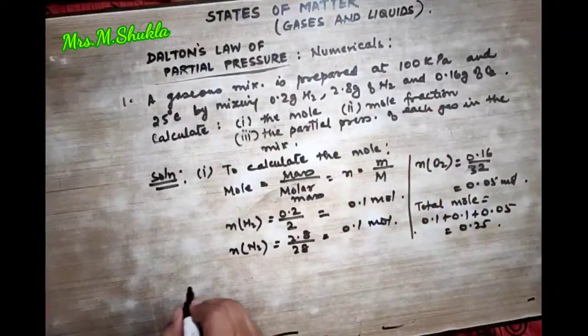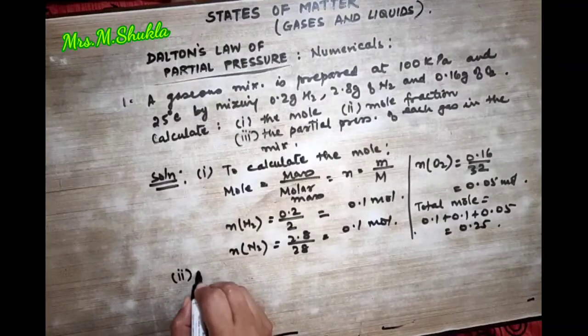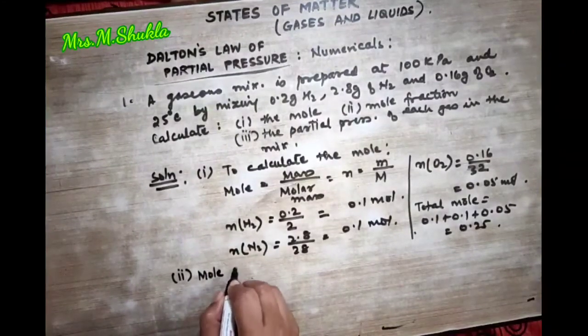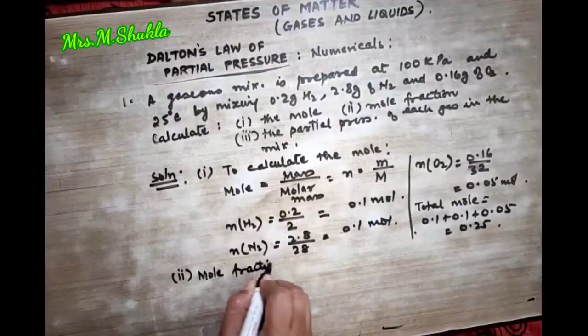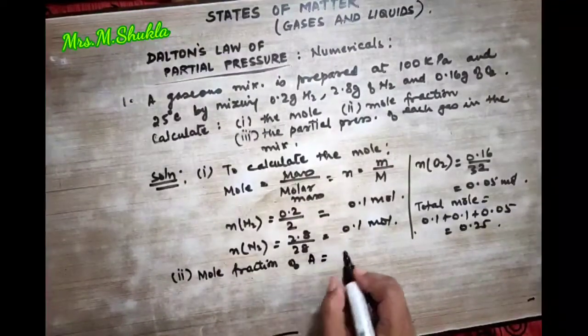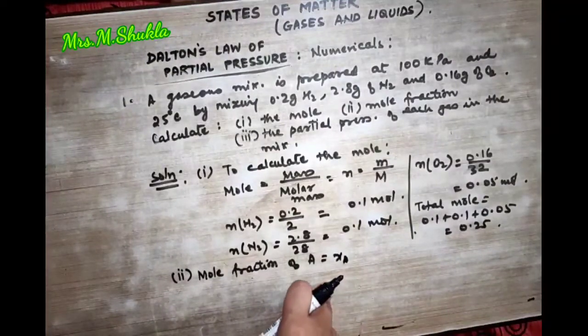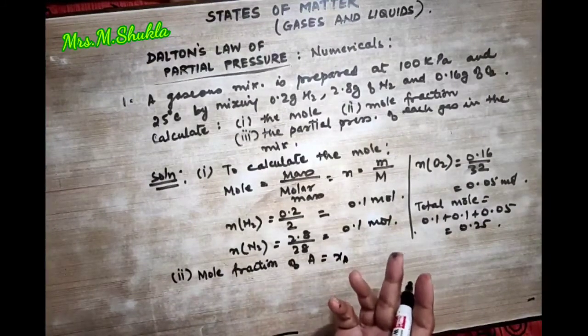Now next, second part, it says calculate the mole fraction. So the mole fraction of gas A will be X_A, correct? So the moles of A can be divided by the total moles.